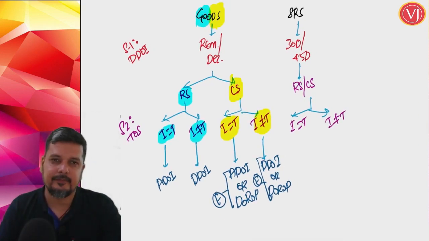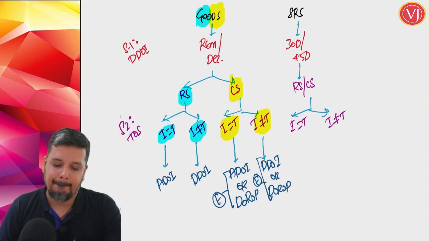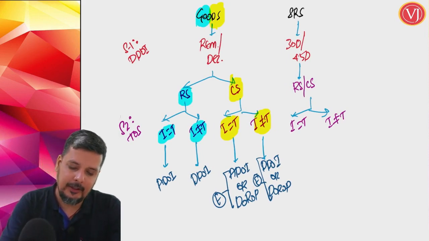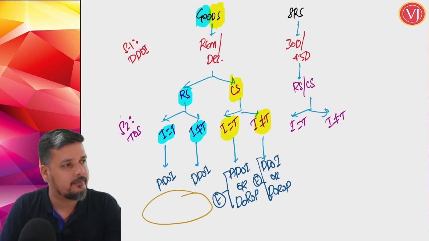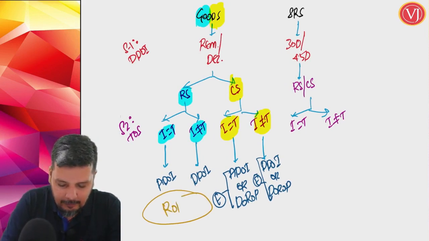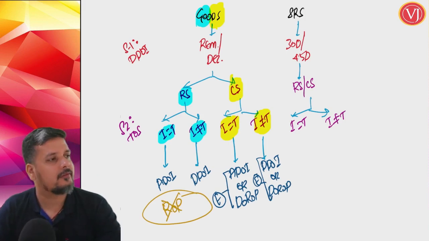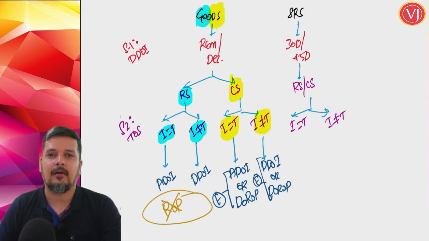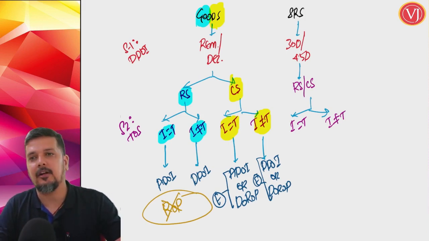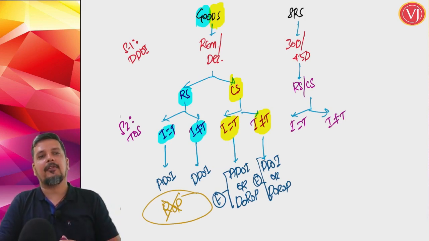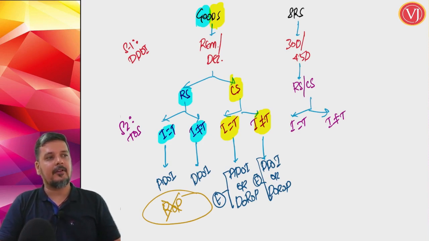Clear? In simple language, for goods sector regular scheme, receipt of payment is not even considered. Whether you receive in advance or receive at the time of supply or receive after supply, receipt of payment is not at all considered.